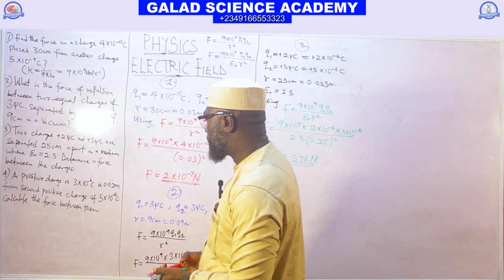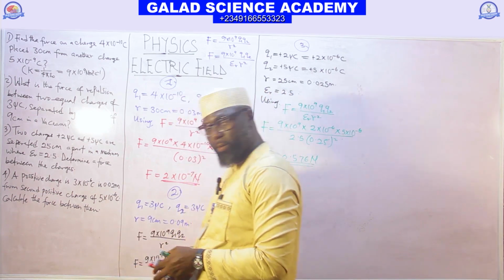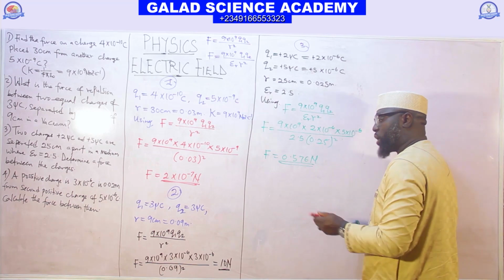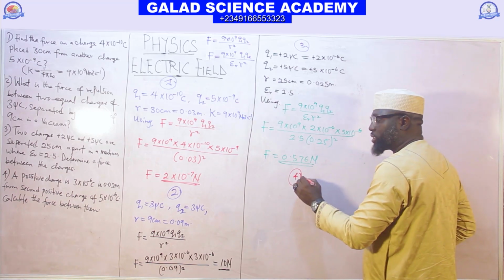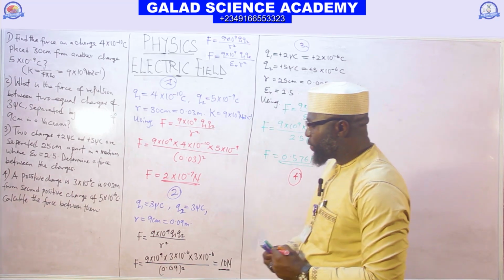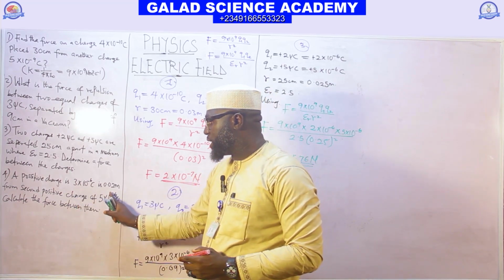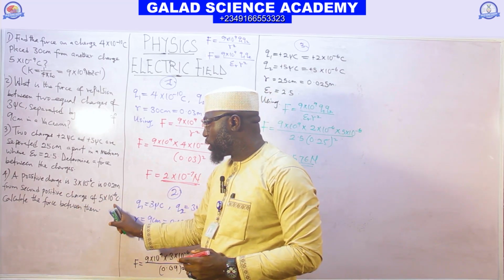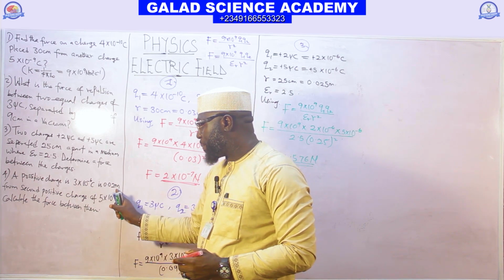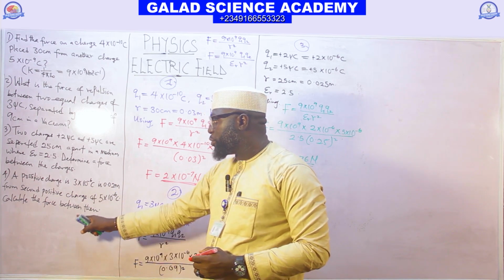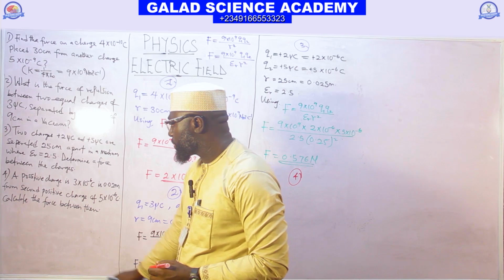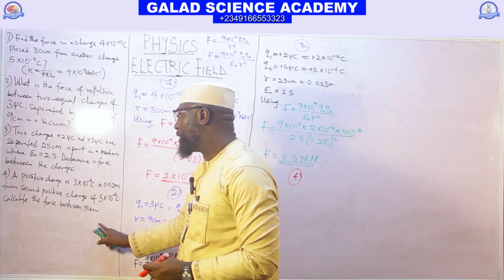So look at question number 4. You help me to solve question number 4. We are given the charge Q1 to be this and the charge Q2 to be this. The distance apart is 0.12 meter. Calculate the force between them.